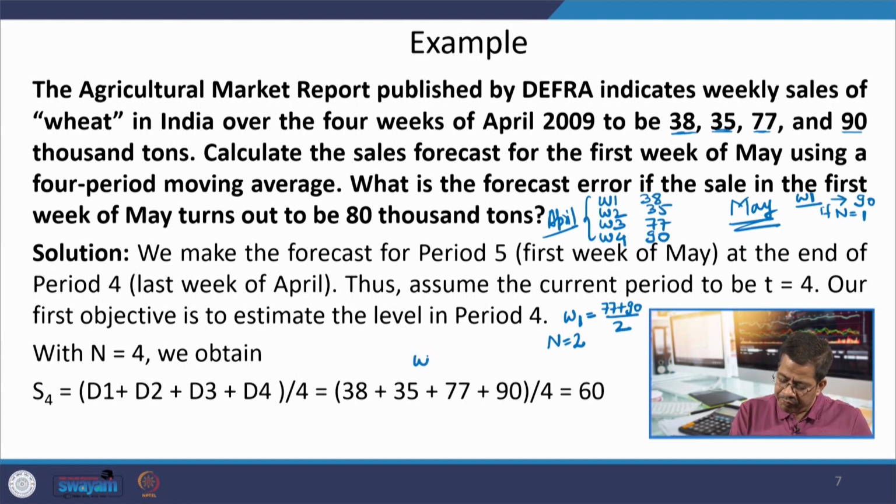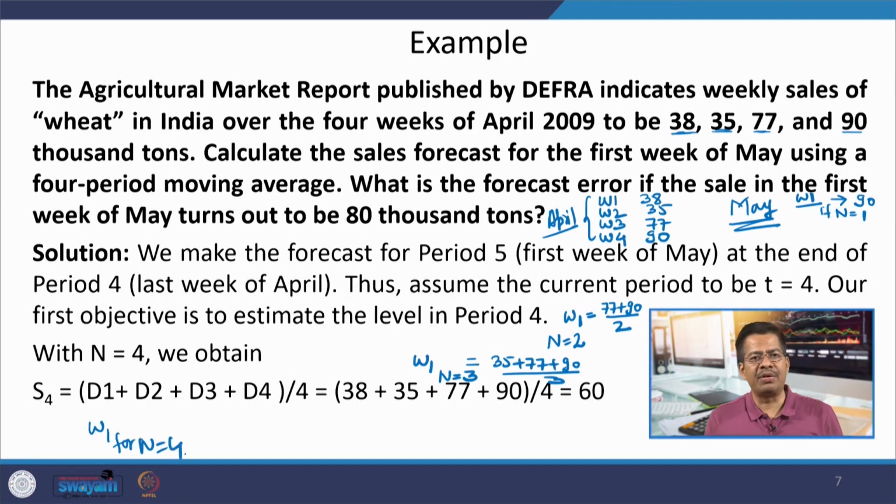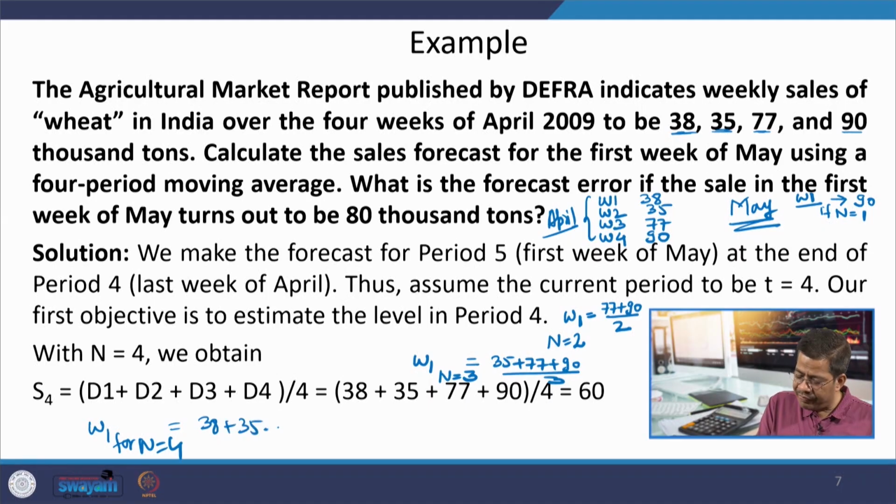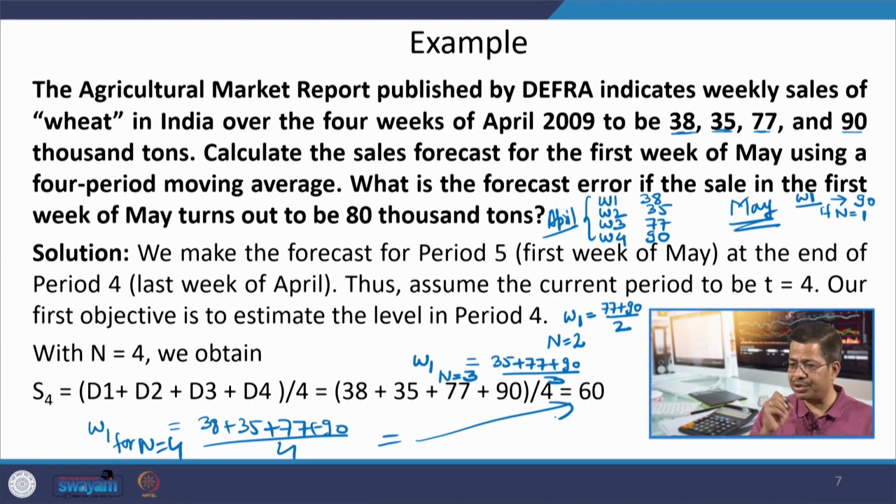Now, take n equals to 3, and this n equals to 3 will be for the most recent 3 periods W2, W3, W4, 35 plus 77 plus 90 by 3. And in my slide, I have already solved that if I take the moving average period equal to 4, this will be 38 plus 35 plus 77 plus 90 by 4, and you get the answer equal to 60.